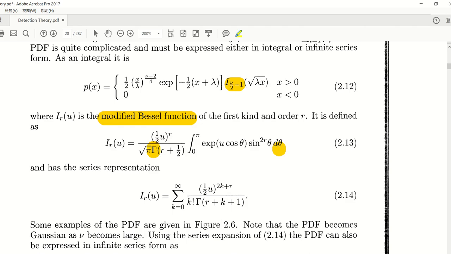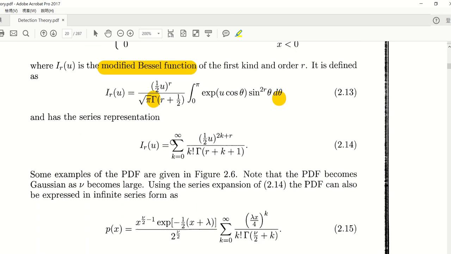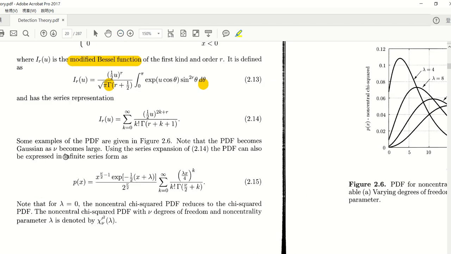Okay, so let's come back to this slide. It has a series representation by this, and some of the examples of the PDF are given in the figure, which we'll look at later.